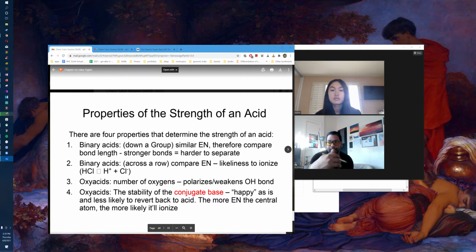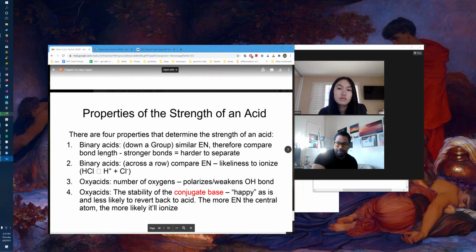But if it produces a very stable conjugate base, the conjugate base can just be itself. It doesn't have to go back and take a proton from the acid. So the stability of the conjugate part is proportional to how strong the base part is.